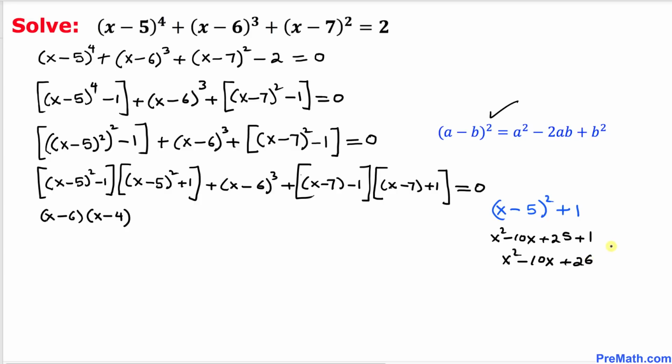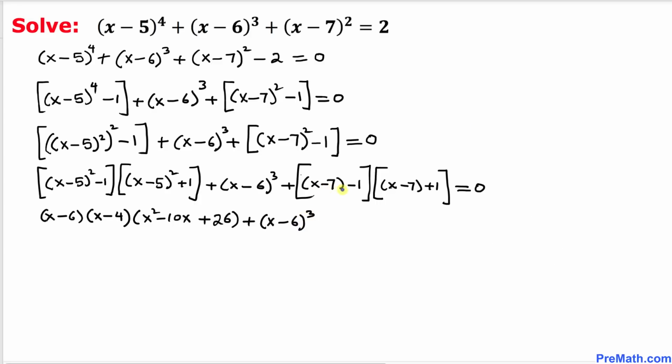So we are going to replace this one by this: x^2 − 10x + 26, and I'm going to leave this thing as it is. I'm going to write down (x − 6)^3.